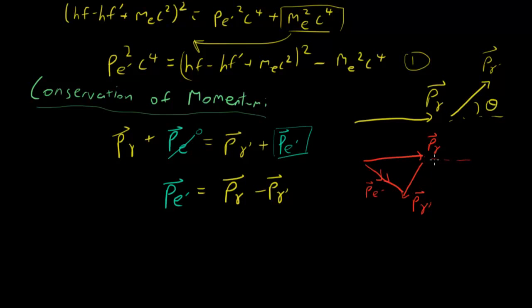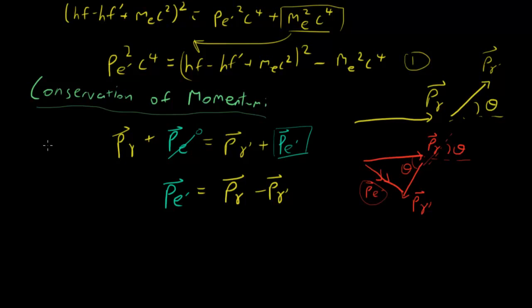Since this angle is theta from the diagram above, the internal angle here is theta. Now, in order to find the scalar momentum, the length of this side, we use the cosine law.